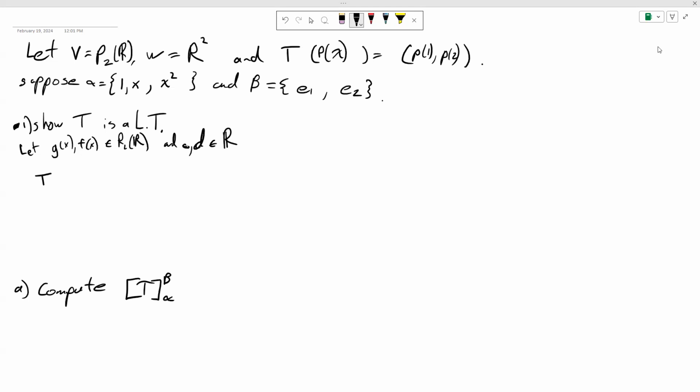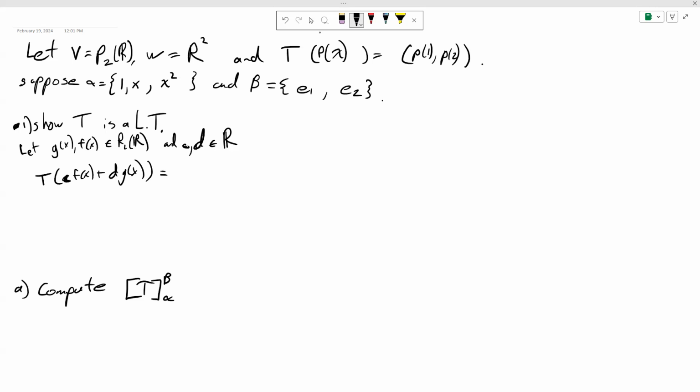We're going to consider T of c f(x) plus d g(x).